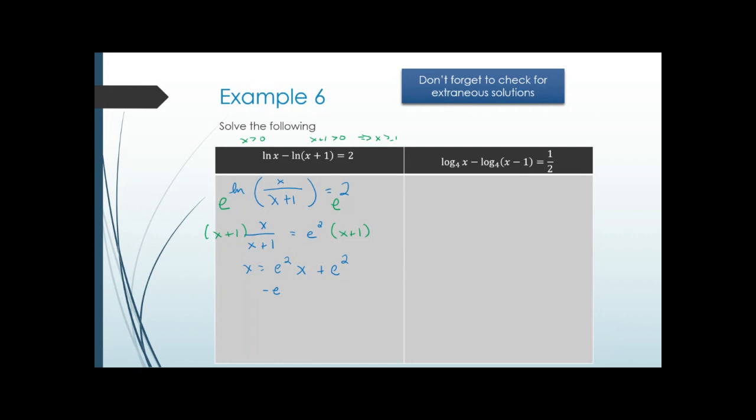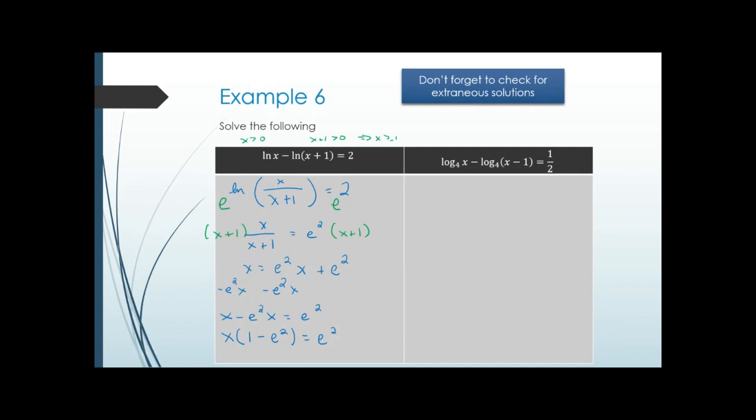But I'm going to subtract the e squared x on both sides because I need the x's on the same side in order to solve this. So I have x minus e squared x equals e squared. And I'm going to factor that x out so that I can solve for x. So I have x, and then in parentheses, 1 minus e squared.